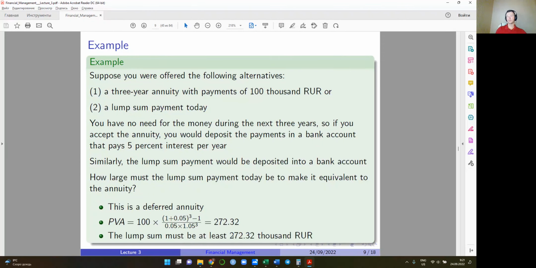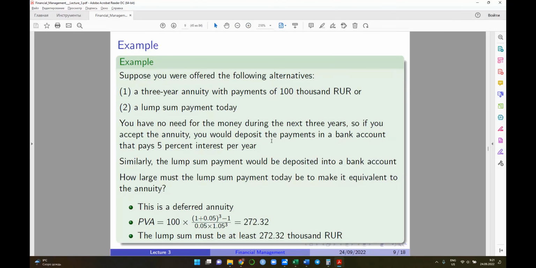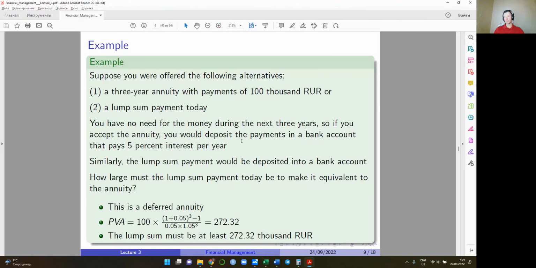What is the meaning? The lump sum must be at least 232,320 rubles in order to make you indifferent between these two options, or between these two opportunities.